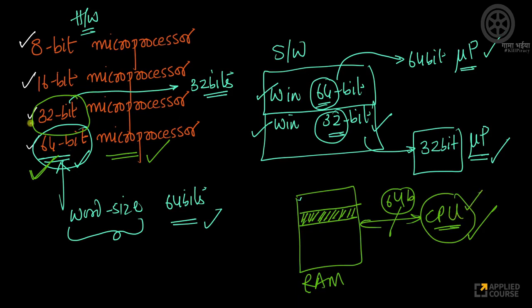Of course, today most modern microprocessors are either 32-bit or 64-bit. There used to be 8-bit microprocessors like 8085, 8086, very early microprocessors by Intel were all 8-bit microprocessors. Even 64-bit microprocessors were popular in the 80s and 90s, right? Currently, all the microprocessors that we use on most modern computers are 32-bit or 64-bit.